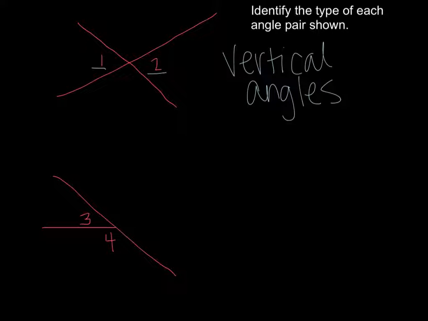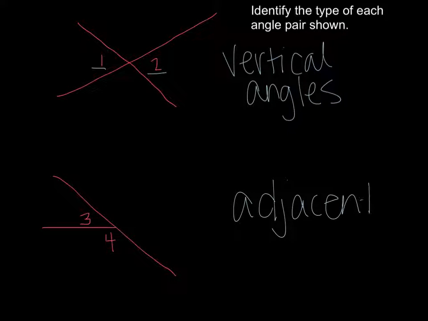Now, if I have two angles that are next to each other, those are called adjacent, A-D-J-A-C-E-N-T, adjacent angles, because they are two angles that are right next to each other. They share the vertex here, and they share this ray here. That's why I know they are adjacent angles.